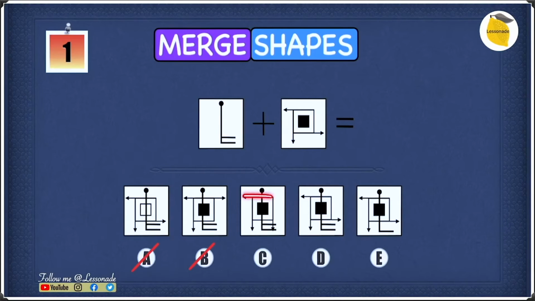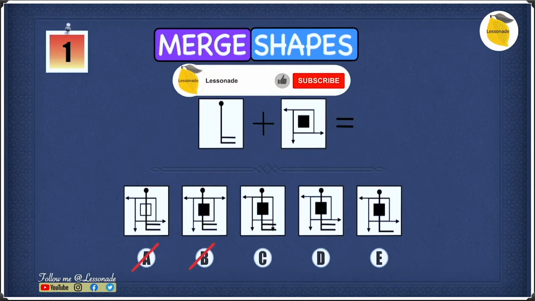We have the arrow pointing towards the left on the top, just like over here, and then one pointing downwards, just like right here. But if you notice, we have another one pointing downwards on the right hand side, and we do not have any arrow on the right hand side in shape 2. Because we have an arrow on the wrong side of the square, we can cross off C.